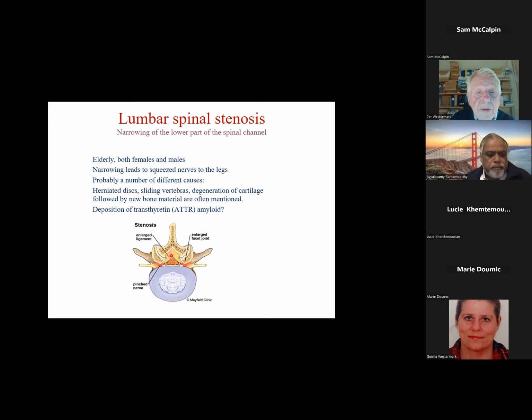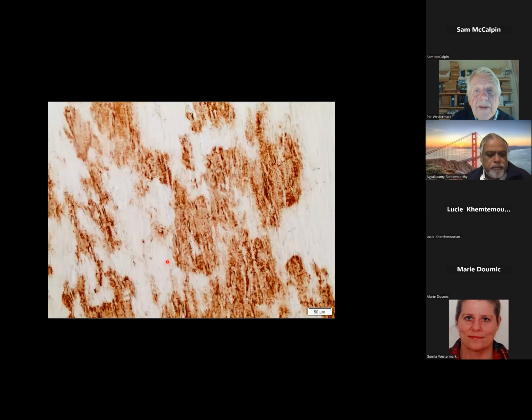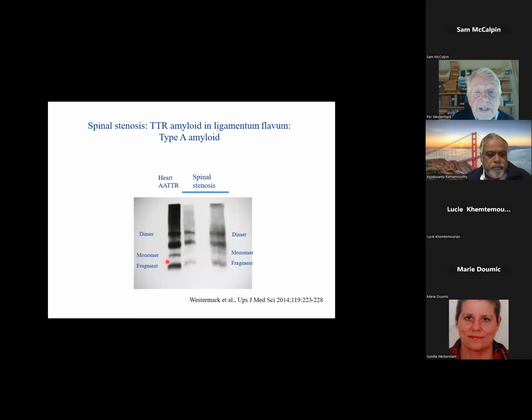And it has been shown and known for quite a long time that amyloid is quite common in this. And later it was shown that TTR is a protein that is deposited in this. And it's quite a lot of amyloid, actually. And this amyloid of TTR origin is of type A, with fragments and full-length protein in a mixture.